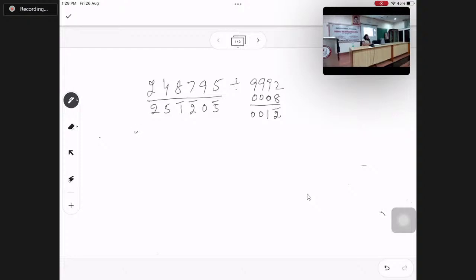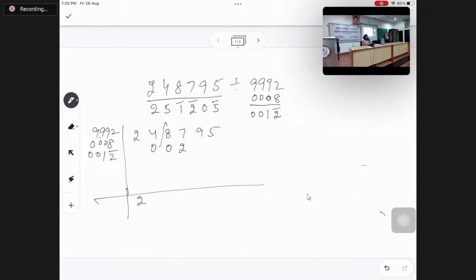Let us try this. This is 2, 4, 8, 7, 9, 5 divided by 9992, 0008 and 0012 bar. Put a slash here. First, as it is, 2 into 0 is 0, 2 into 0 is 0, 2 ones are 2, 2 twos are 4 bar because it is 2 into minus 2. 4 plus 0 is 4. We put a slash. Then 4 into 0 is 0, 4 into 0, 4 ones are 4, 4 twos are 8 bar. Okay.